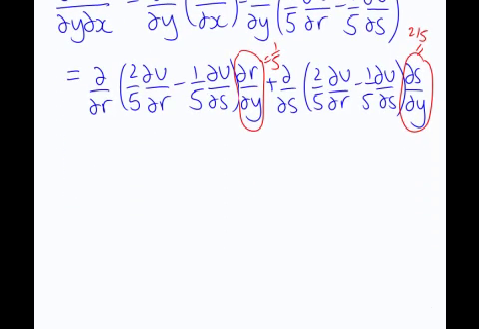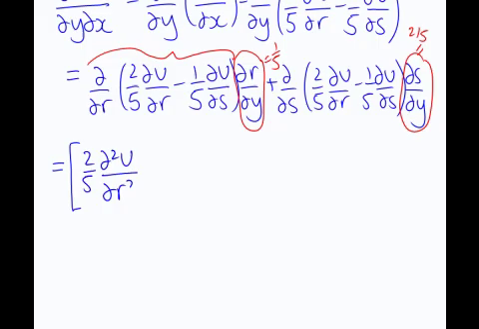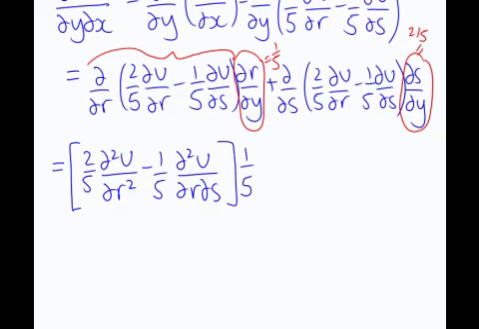And then I just need to evaluate these derivatives. Remembering that I can't actually find these derivatives, all I'm really going to be doing is writing them out in terms of the second partial derivatives. So I'm now looking at this term here first of all, and what I have is 2/5 the second derivative of u with respect to r minus 1/5 the second derivative of u with respect to r and s, all multiplied by partial dr by dy, which I said was 1/5.